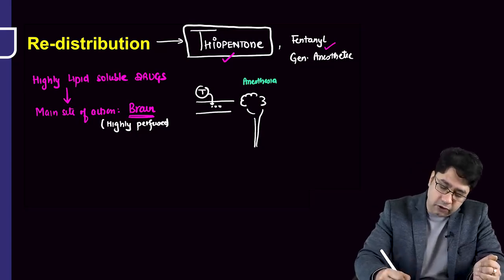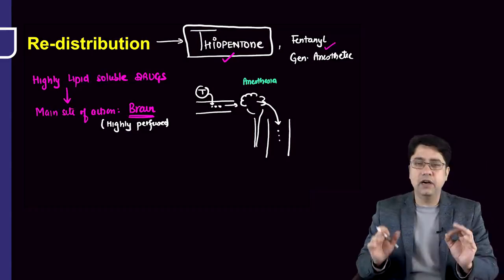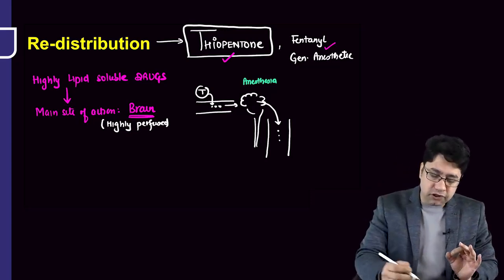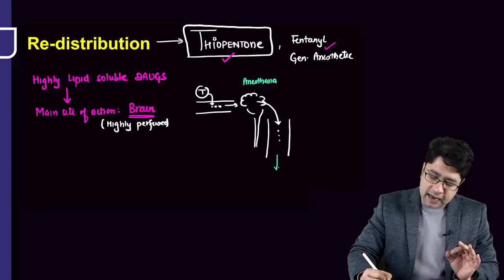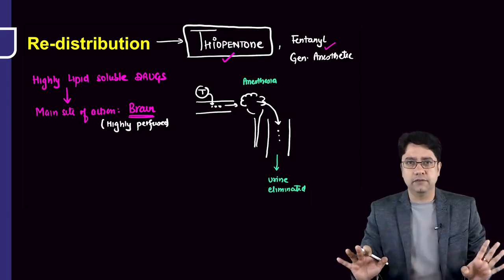Now this thiopentone from brain will come outside, again into the blood. Now, what happens with most of the drugs? Most of the drugs are eliminated in urine, and when they are eliminated in urine, their action is over.